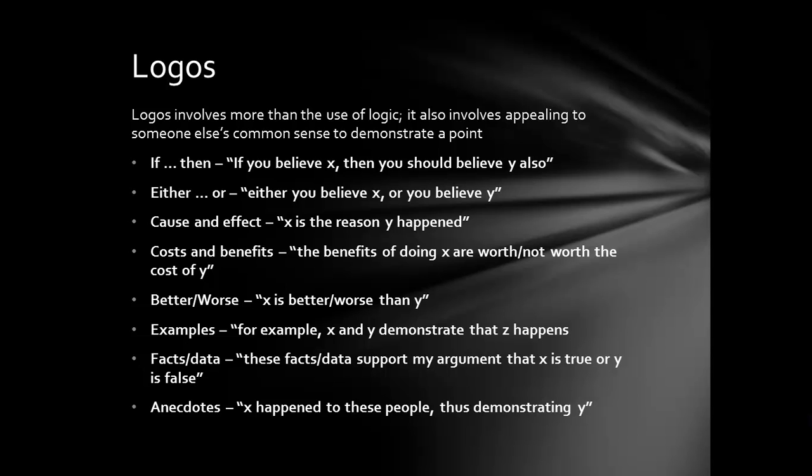And this comes in a variety of fashions. There is the if-then construction, the either-or construction, cause and effect, costs and benefits, something being better or worse, the use of examples, the use of facts and data, and finally, the use of anecdotes to highlight how something, by affecting certain people, demonstrates something else.